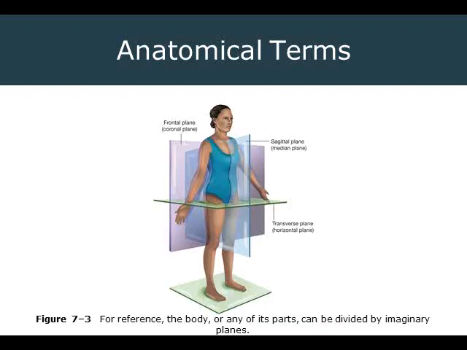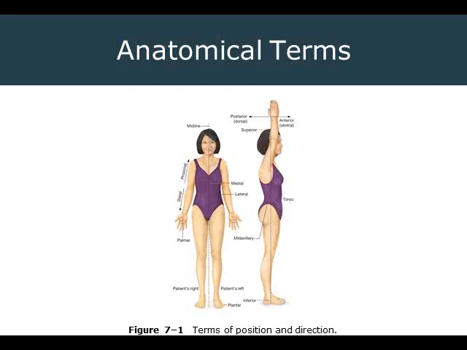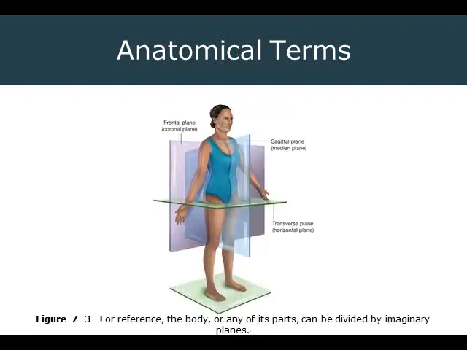With that being said, we also have some planes. The last term that we used there, the mid-axillary plane, if we would cut the body in half front and back, is the frontal or the coronal plane that cuts the body in front and back halves.